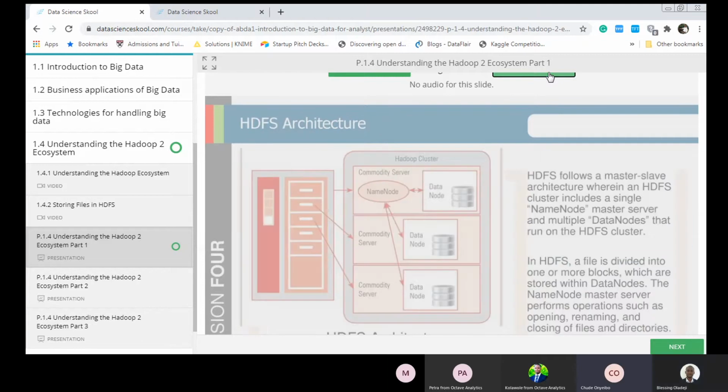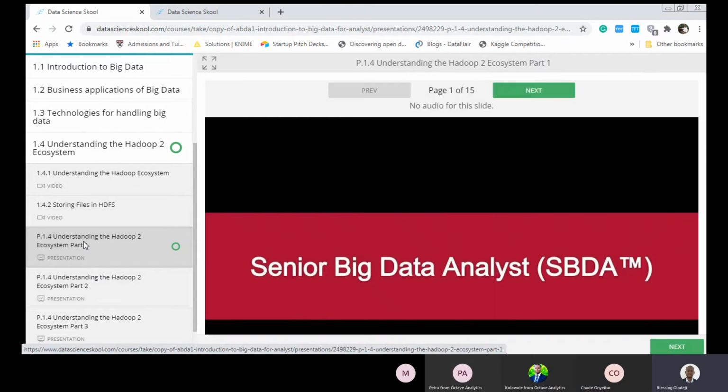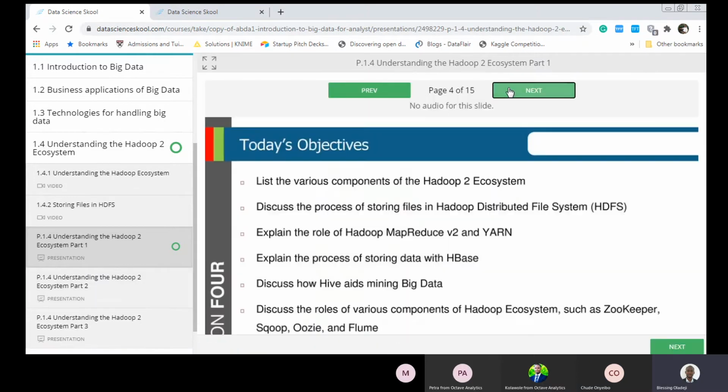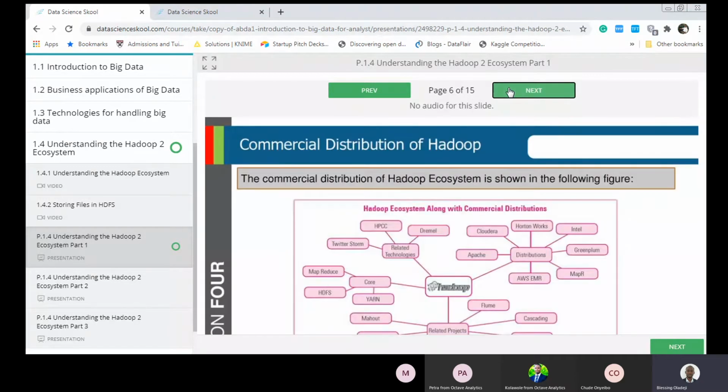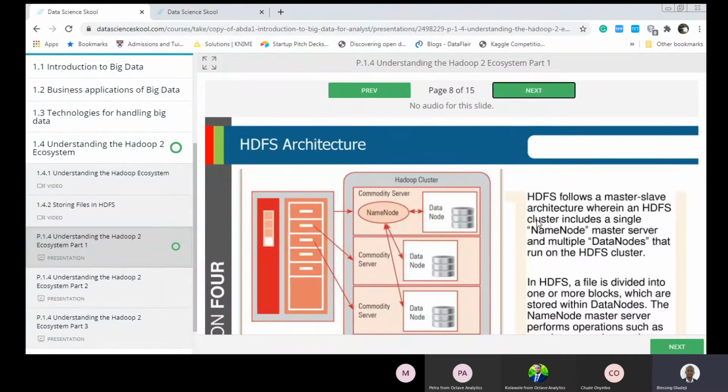Yes. Okay, thank you. So let's look at some of the components of the HDFS architecture itself. This is interesting. This is not too technical.